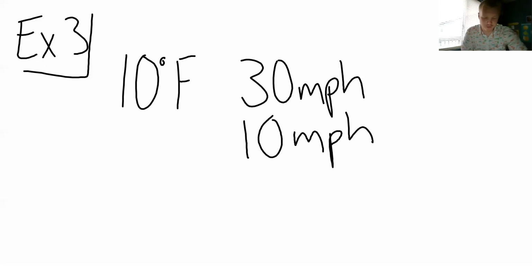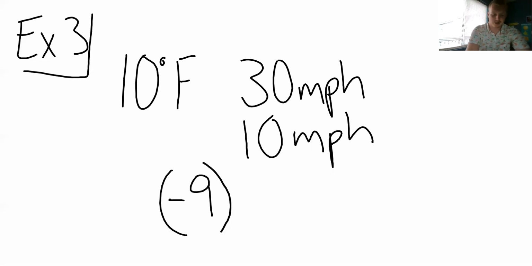If we look at that little chart next to the question, when it's 10 degrees Fahrenheit outside with 20 miles per hour, we're going to have -9 in that chart.